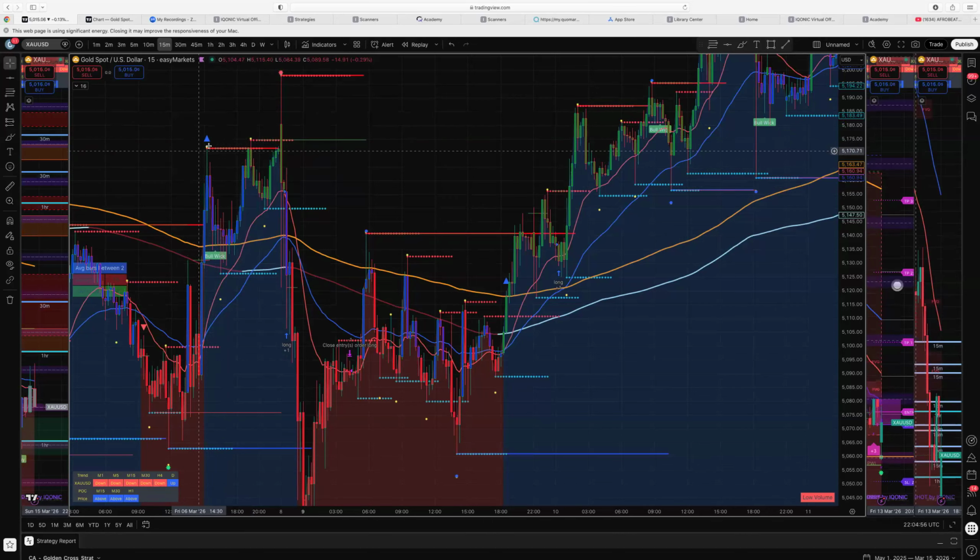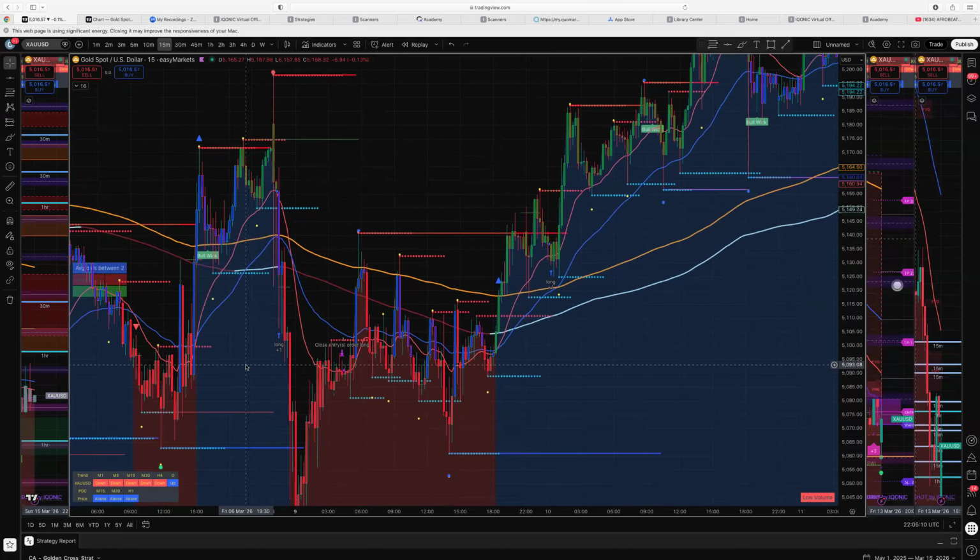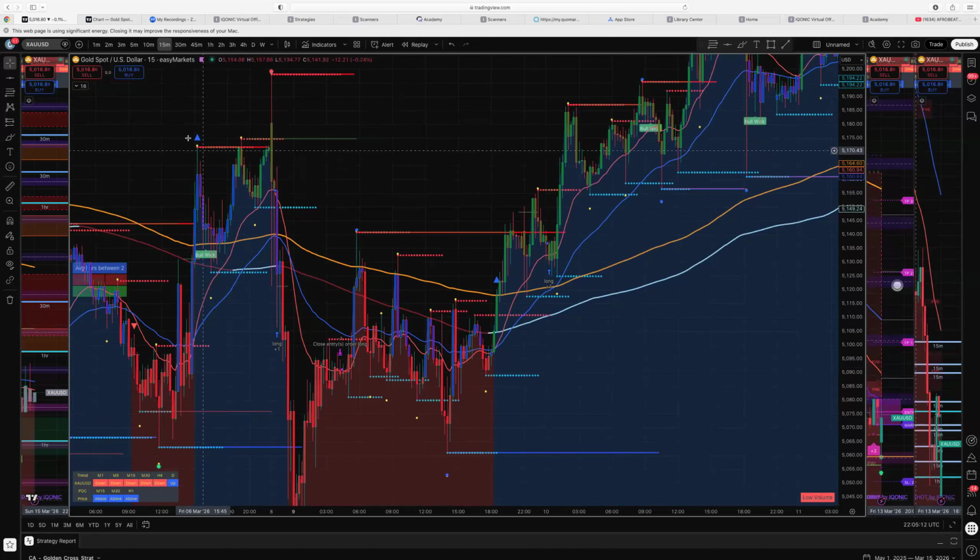why is that a terrible trade, guys? Why is this a terrible trade? I think I'd have cried if I'd got into that there. This is a terrible, terrible trade. Can you see?